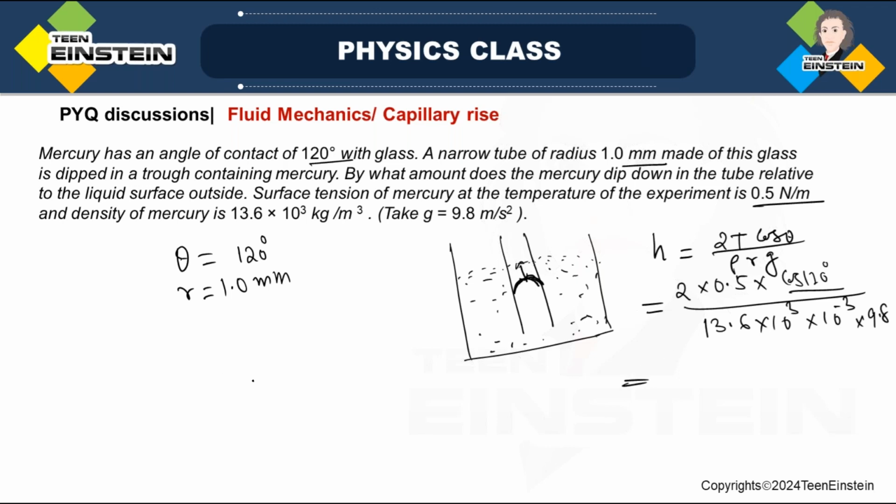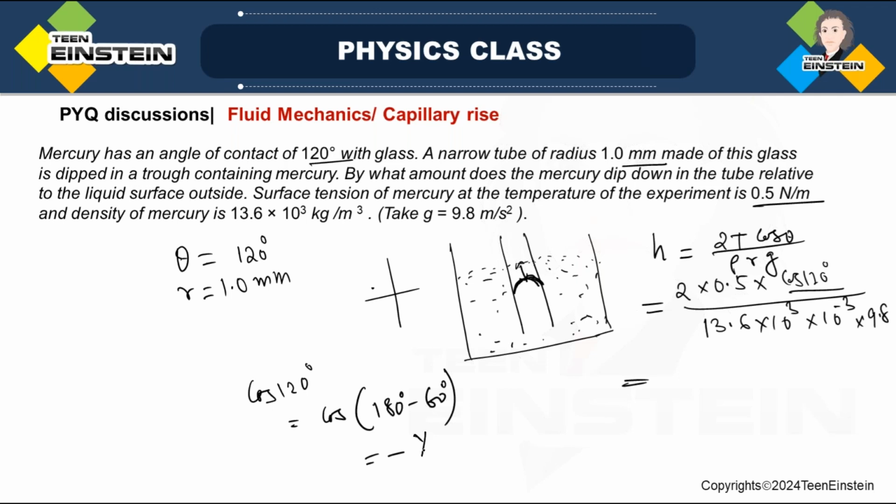So what is cos of 120 degree? Cos of 180 degree minus 60 degree, in the second quadrant it will be minus, so minus cos 60.